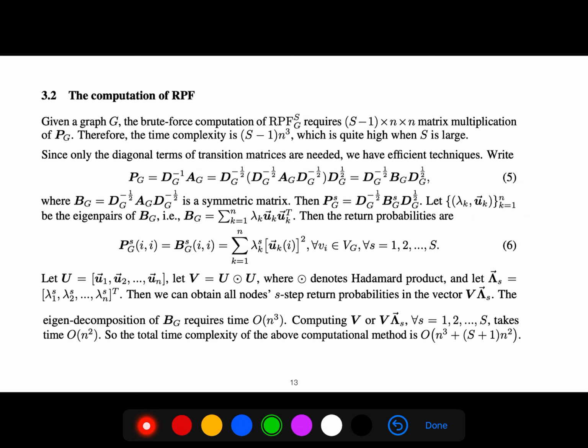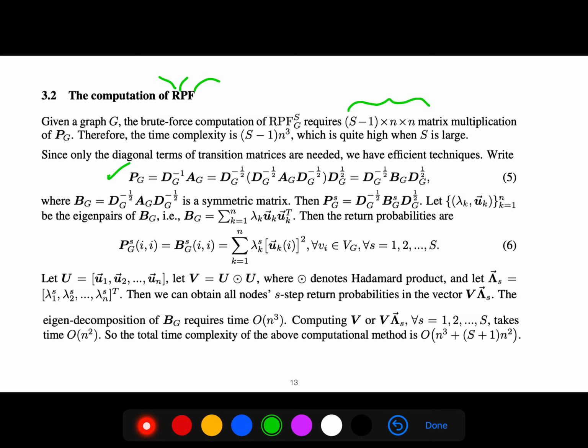To compute this return probability feature, which we need for the return probability graph kernel, we write this matrix multiplication like this, because the brute force computation requires this amount of matrix multiplication.